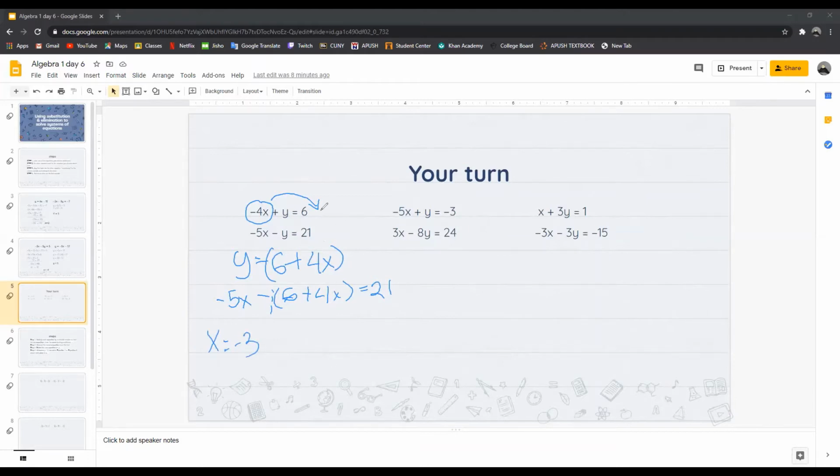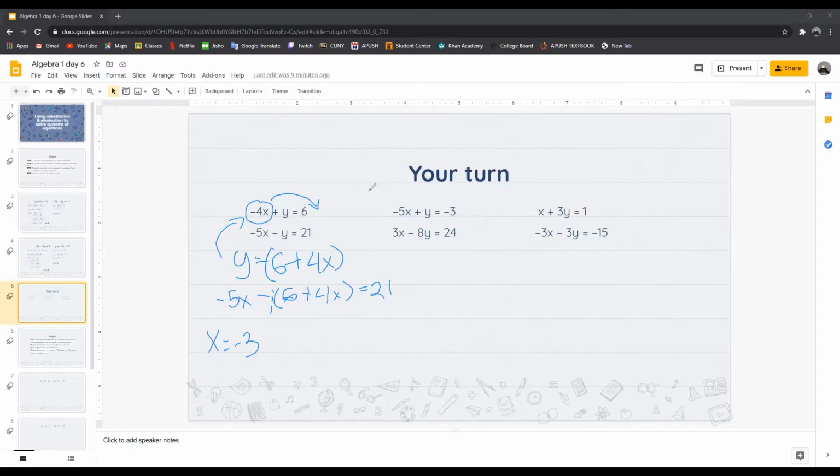So you would take one of these equations. You can even take y equals 6 plus 4x because it's a simplified version of this equation.